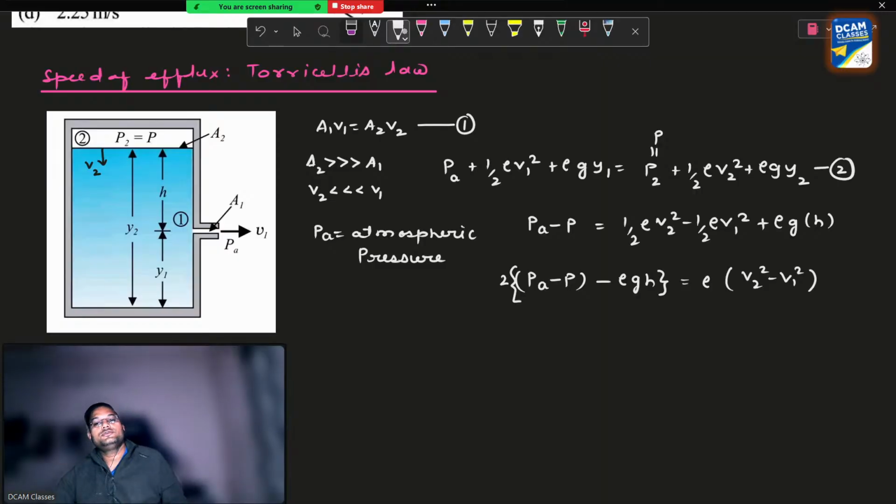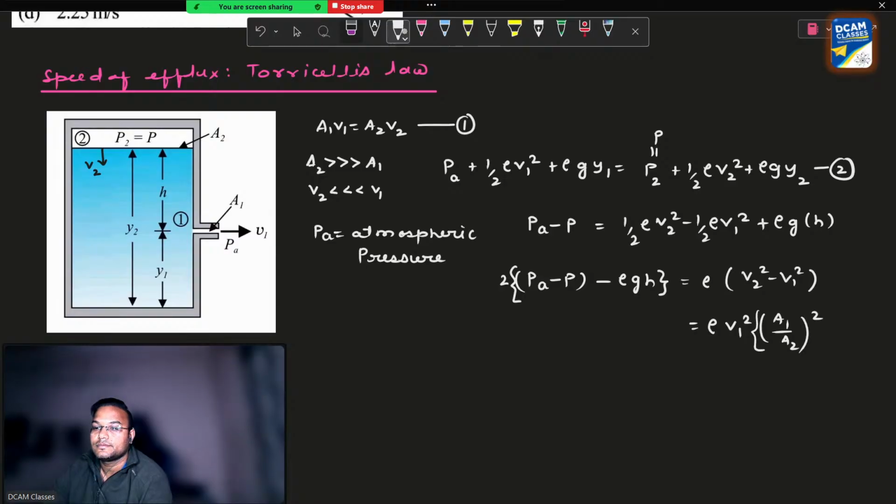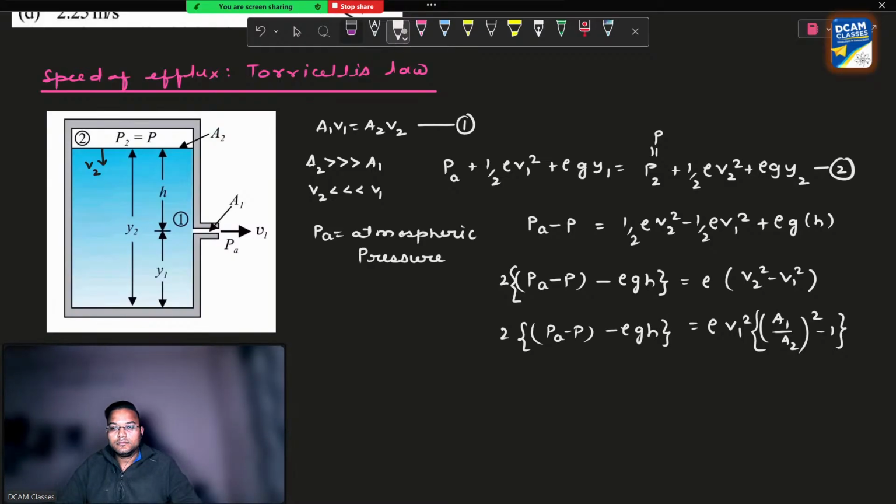Now I'll make use of the equation of continuity to find V1. I can write V2 as A1 V1 by A2, so the bracket becomes (A1 by A2) whole square minus 1. Correct?